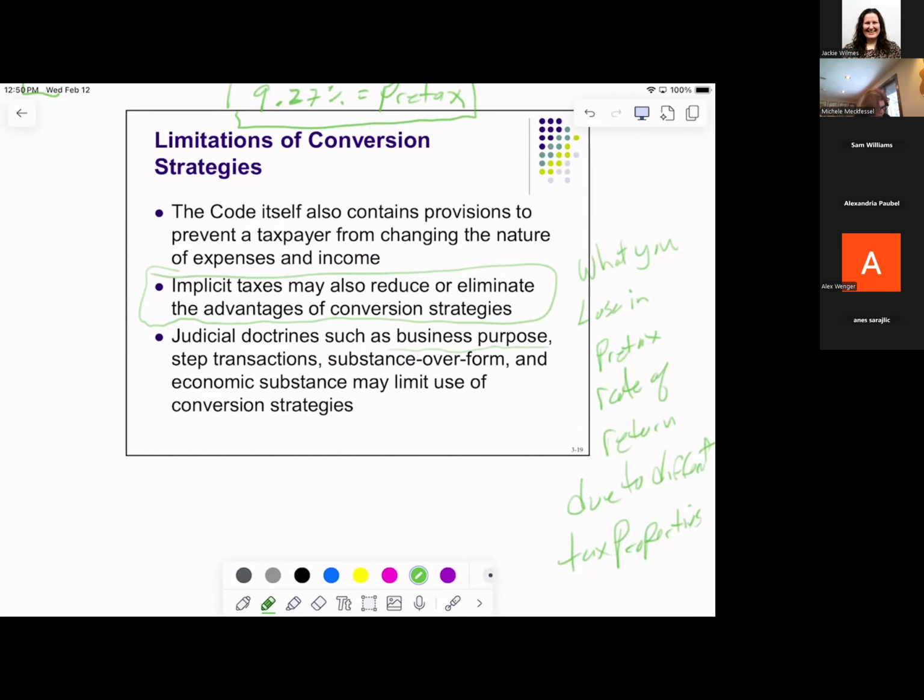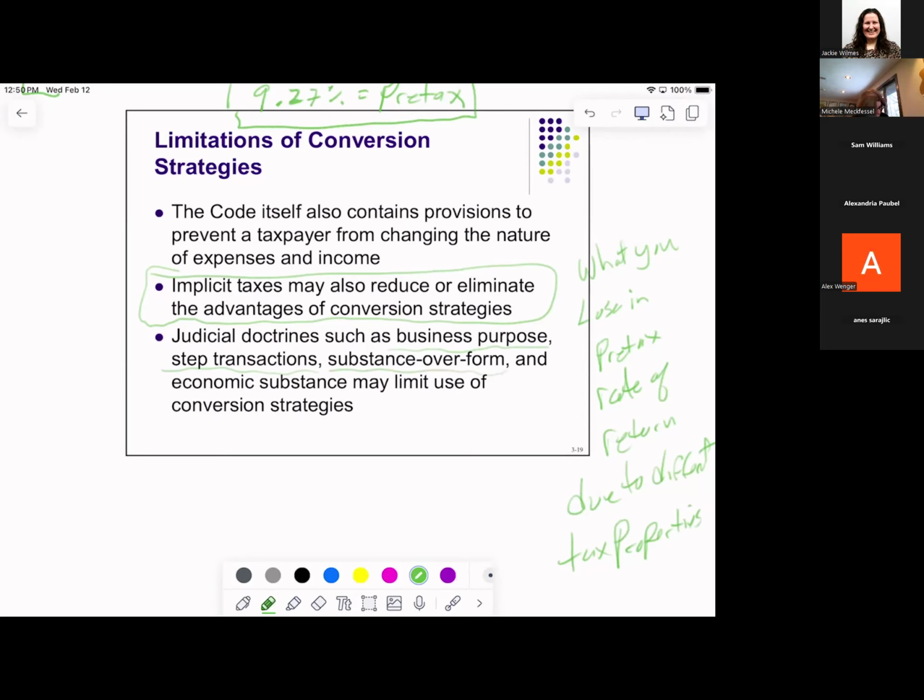Okay. Step transaction is actually pretty similar to that. It just means that they can consolidate a transaction that has multiple steps down into one step and take a look at the impact of that consolidated transaction. Okay. Substance over form is like letter of the law versus the spirit of the law. Okay.